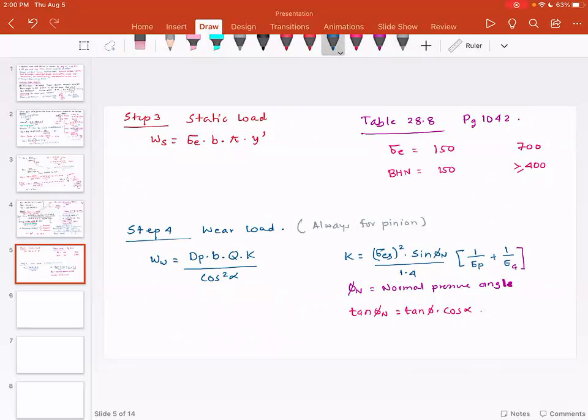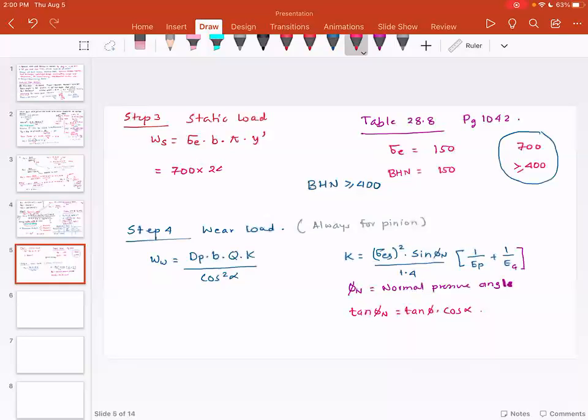So there is no harm in selecting the maximum value for steel, but you'll make a statement that the steel would have BHN greater than or equal to 400, and that gives you the sigma E value of 700.